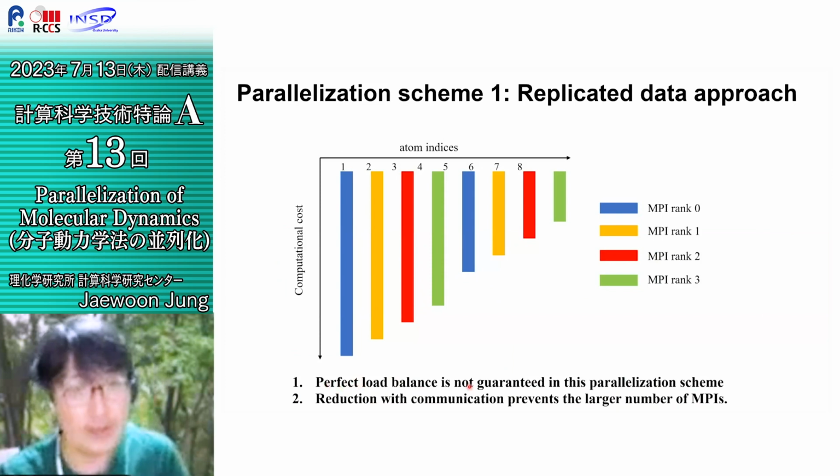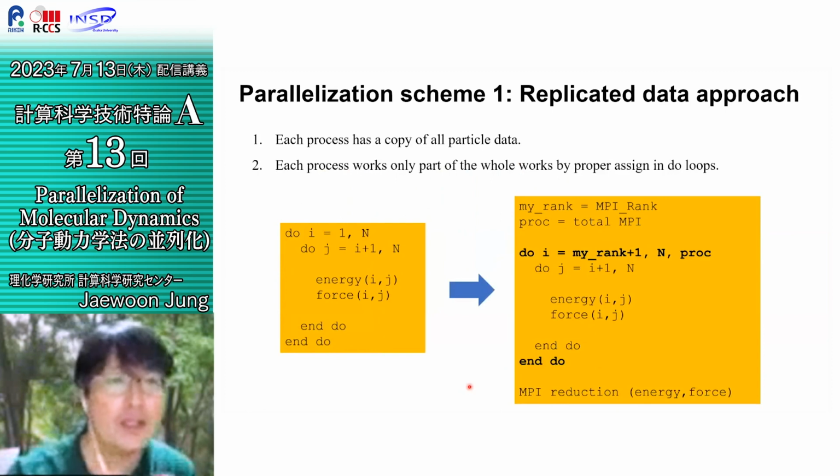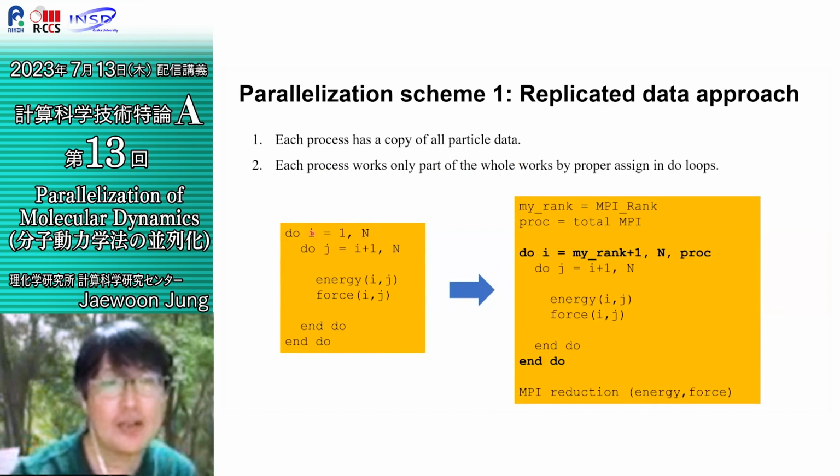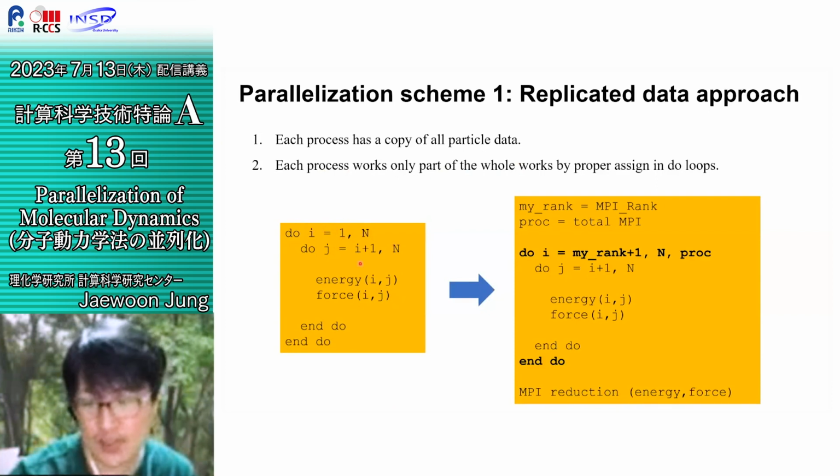So let's go back here. Because j is dependent on i, starting from i plus 1, when i equals 1, the number of j will be large. But as we increase the i index, the number of j will be reduced.